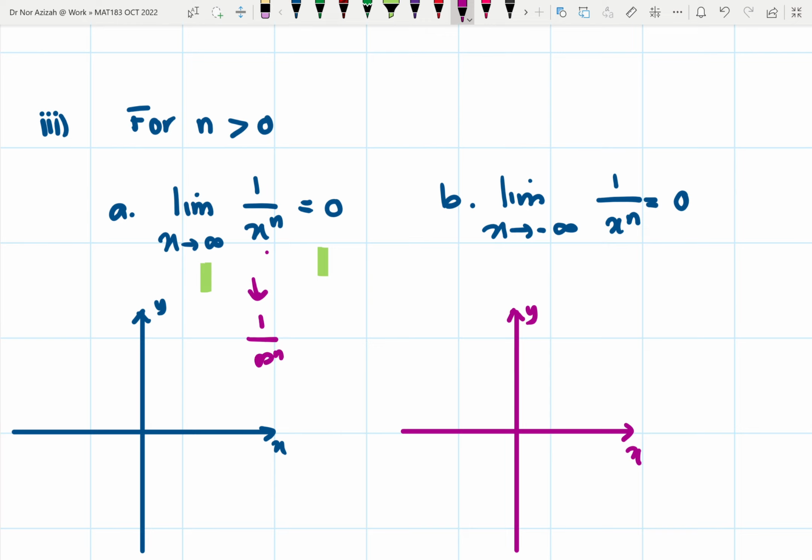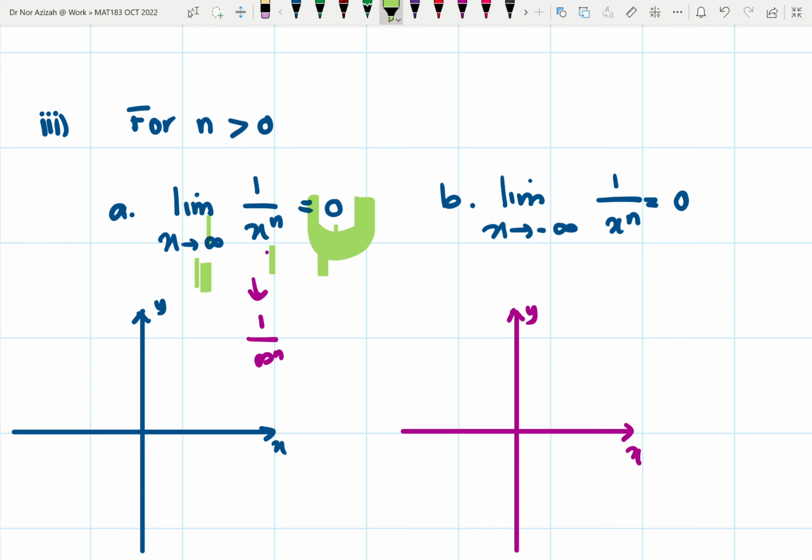How big is the number infinity? Try pressing your calculator: take the number 1, divide by the biggest number you can have in the calculator, so you can use 999 until the calculator is full. So what's the answer? The answer is actually 0. 1 divided by the biggest number is close to 0. That is why we use this property: the limit of 1 over x to the power of n when x goes to infinity, the answer is 0.